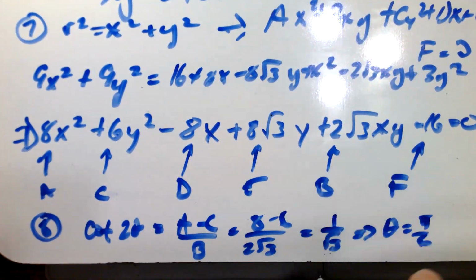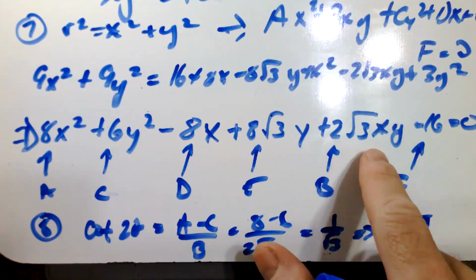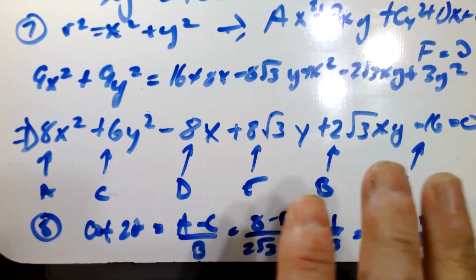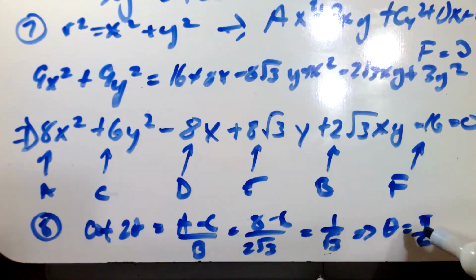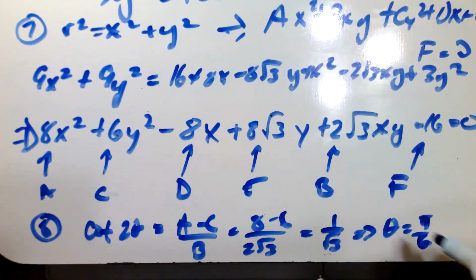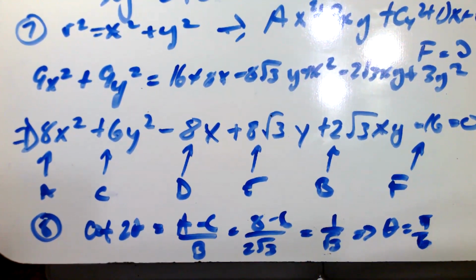One thing you'll notice as you do a couple of these problems is that with conic sections, whenever you have cross terms, that means it's a conic that has been rotated by some amount. And the amount that this one's been rotated is pi over 6, counterclockwise, so in the positive direction. So that's what that term in the original equation meant.